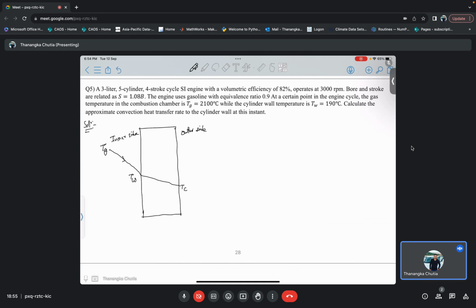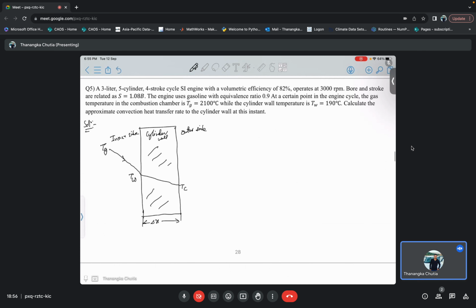This is your cylinder wall with a thickness of delta x. Here different types of heat transfer processes are taking place. From Tg to Tw, the convective heat transfer is taking place. So that part only we need to calculate here. They are not telling us to calculate any radiation heat transfer or conductive heat transfer. They are only telling us to calculate the convective heat transfer.